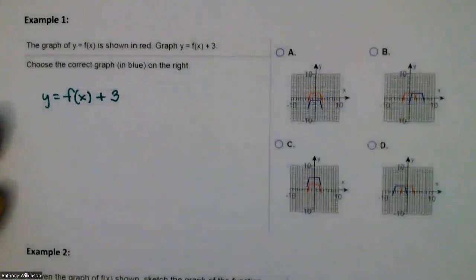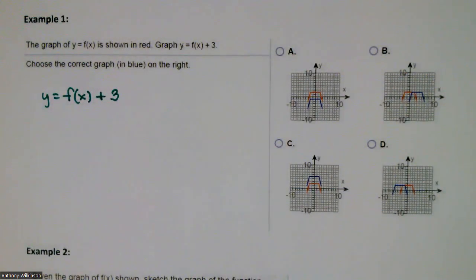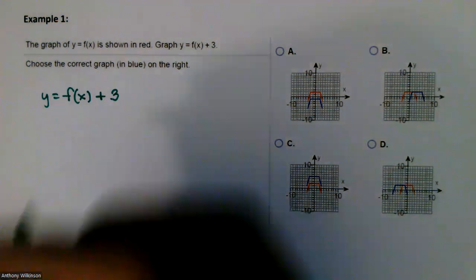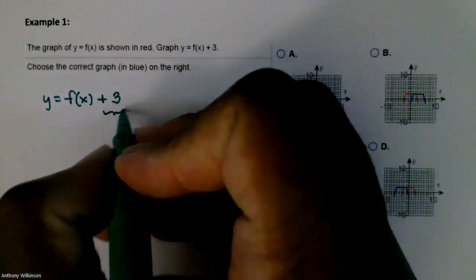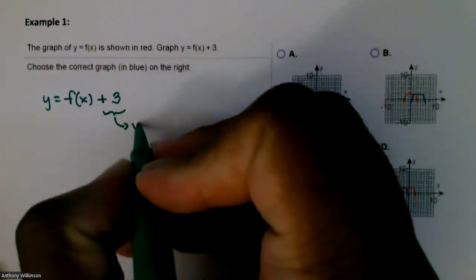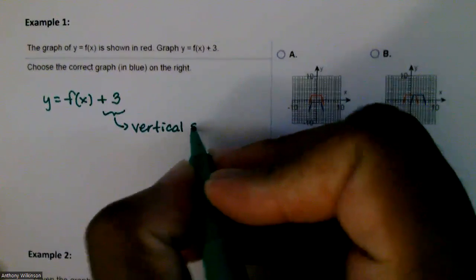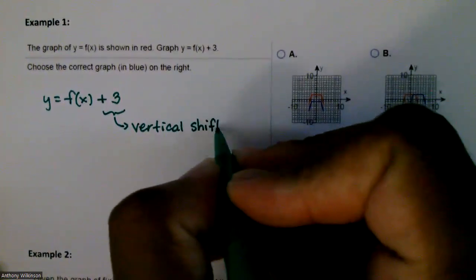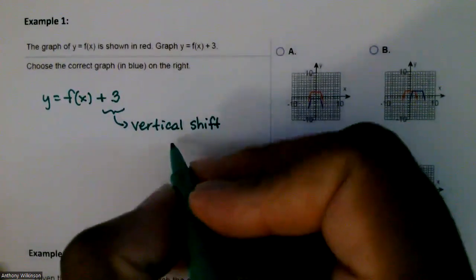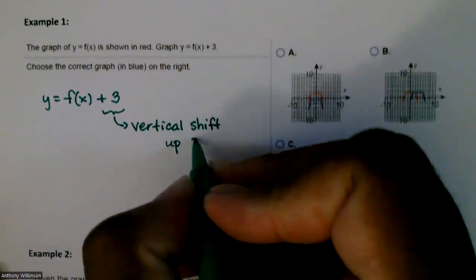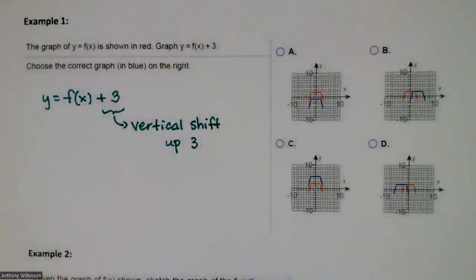Now we have to think about what type of transformation we have here, because the original graph was y equals f of x. And then we got the plus 3 on the outside. So this tells me I have a vertical shift. And it's a plus 3, so that means that this graph went up 3 places from the original graph.